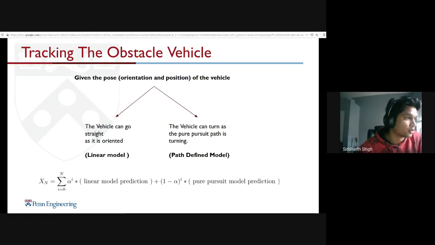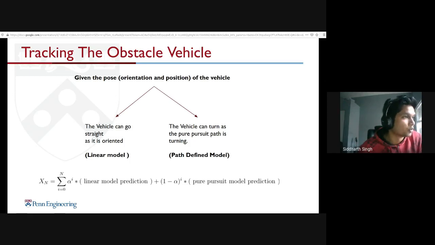So we can get 10 time steps, where we get the states, the x_n, for the 10 time steps. But these 10 time steps will not have only linear model prediction or pure pursuit model prediction. In the initial times, as you have weighed them, they will be linear model predictions first, and then as time goes on, they will be pure pursuit model predictions, where i is the time step of where you're going on.